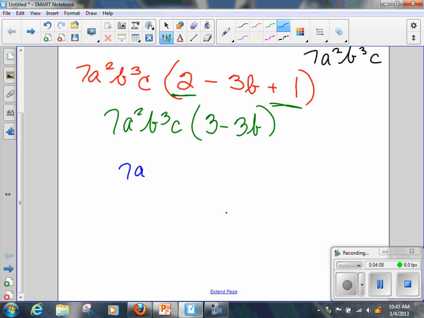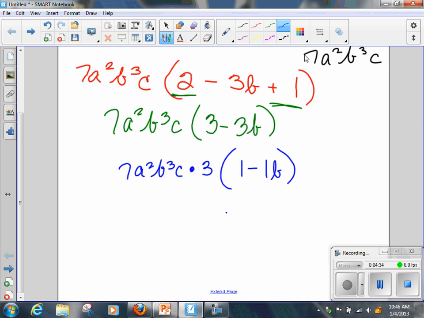So I've got 7a squared b cubed c times 3 times, remember this 3 is the GCF of our quantity. 3 times what gives you 3? 3 times what gives you 3b? 1, or minus b, or just plain old 1 minus b. And then what do we have to do?